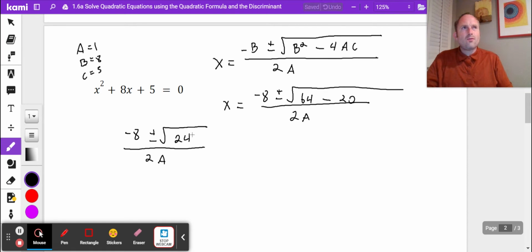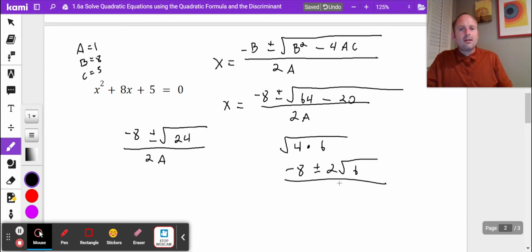Well, the square root of 44 is not nice. This is actually 4 times 11. So if we were to pull this out, I'd have negative 8, square root of 4 is 2, plus or minus 2 radical 11. And then it's 2 times 1 is 2.